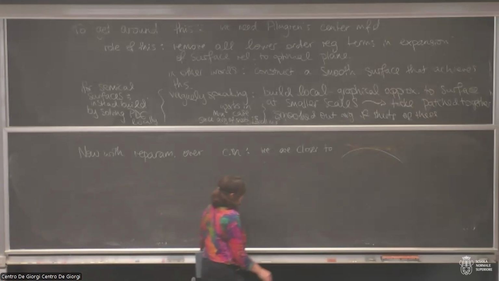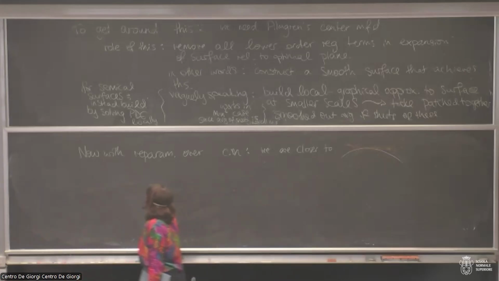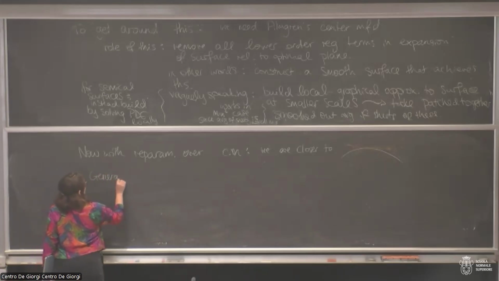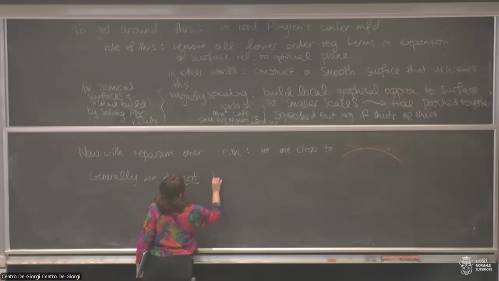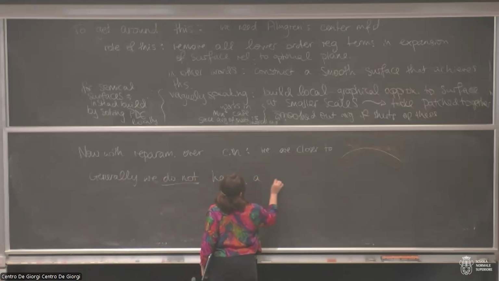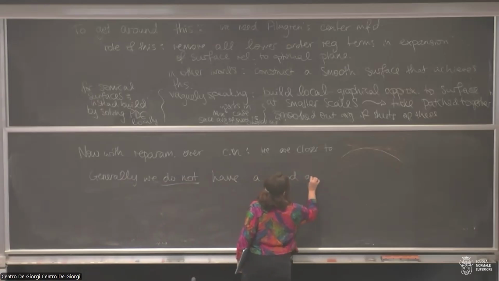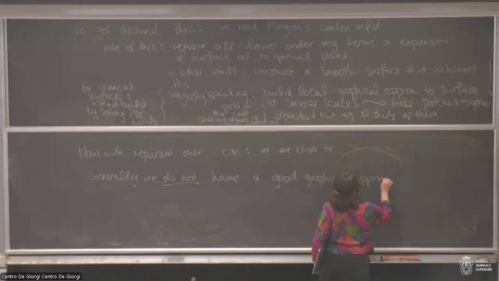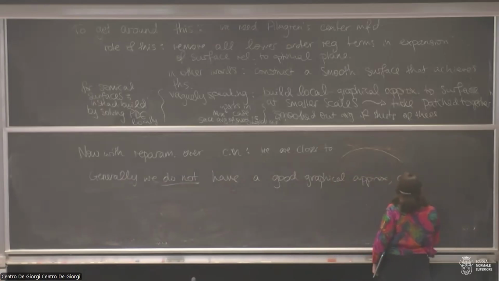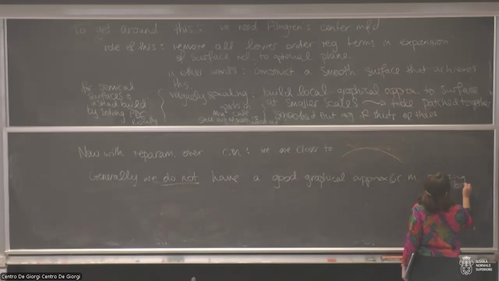But this generally doesn't happen. So generally, we do not have a good graphical approximation by a center manifold passing through, say, all of the branch points nearby.